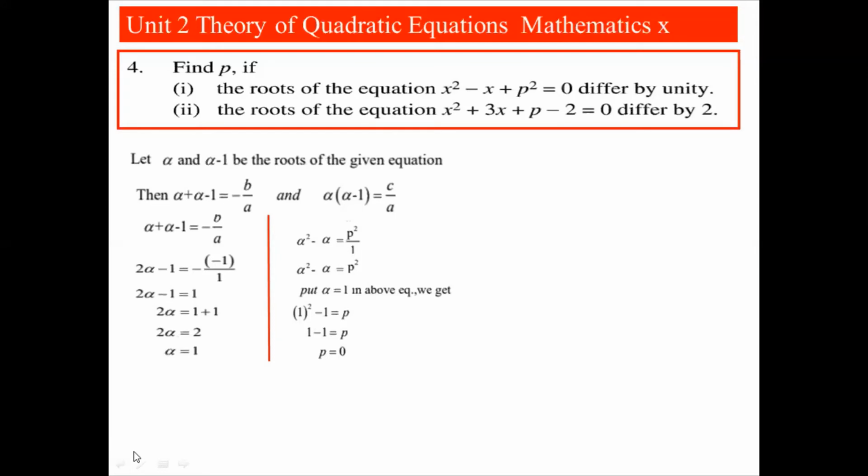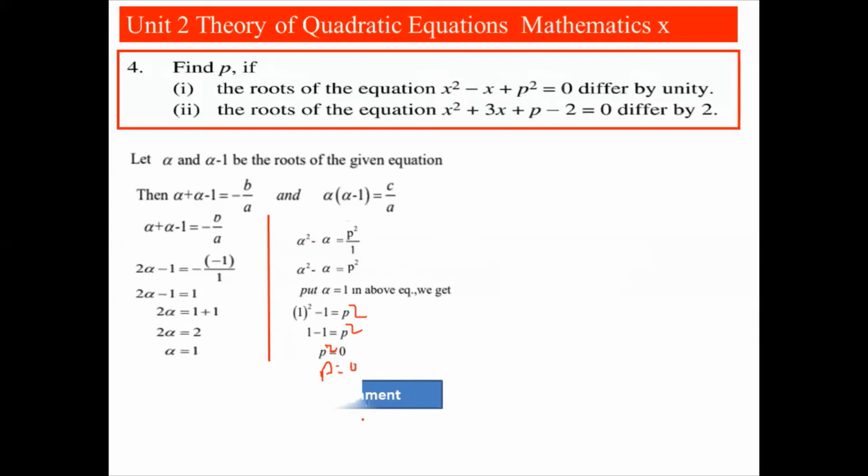So p square is equal to 1 minus 1, which is equal to 0. So p square is equal to 0. It means p is also equal to 0.